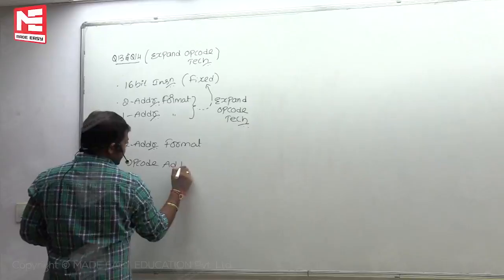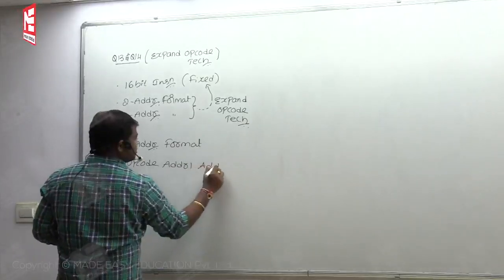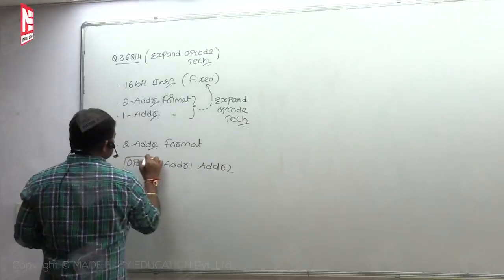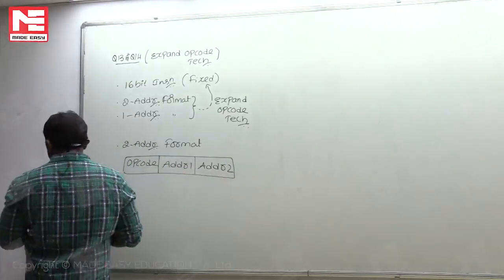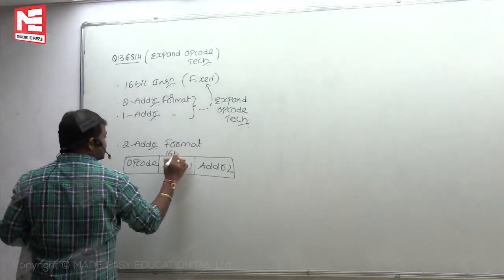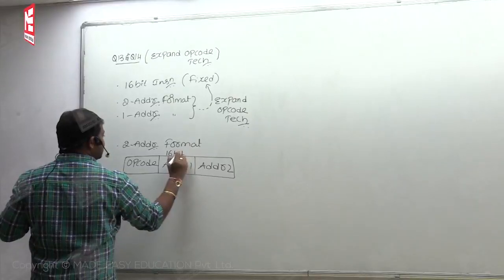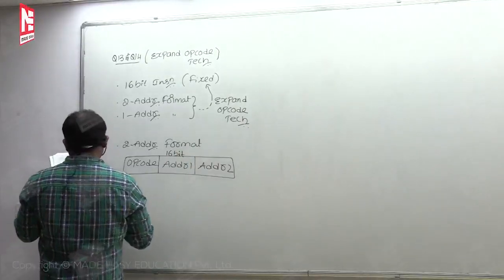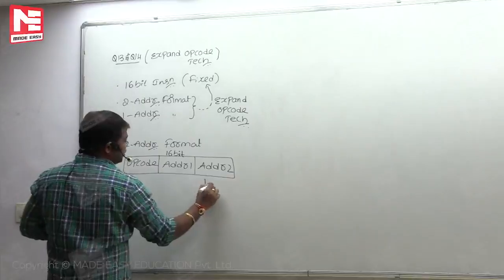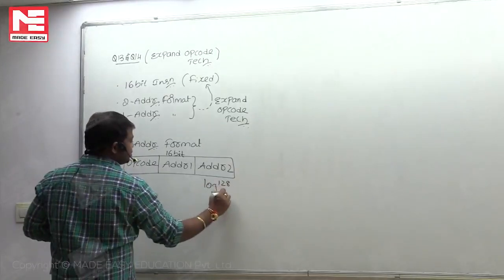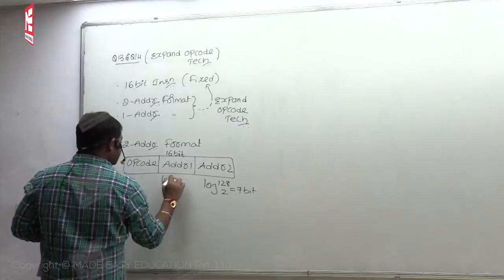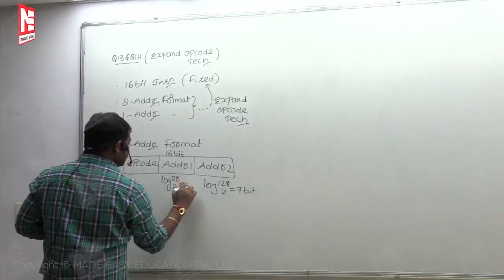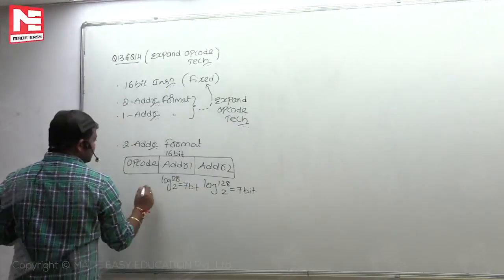Opcode, address 1 and address 2. This is a 16-bit instruction. Address size: 128 words, log 128 base 2, that is 7 bits. And the rest how many bits are there?